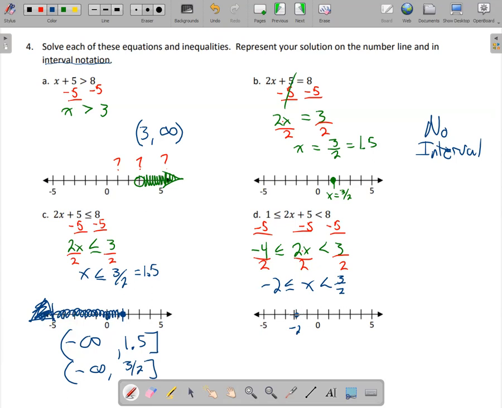That gets a shaded circle. 3 halves is in the middle there between 1 and 2. That, oops, I did that wrong. That gets an open circle. And then I shade in between.